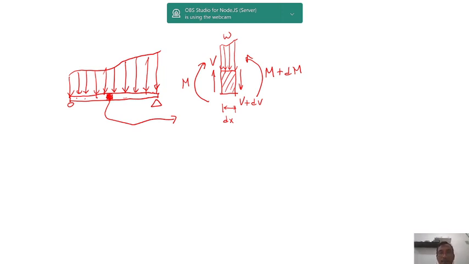Now, the first thing that I want to do is find out the relation between the internal force and the external distributed load, W. How can I find that?